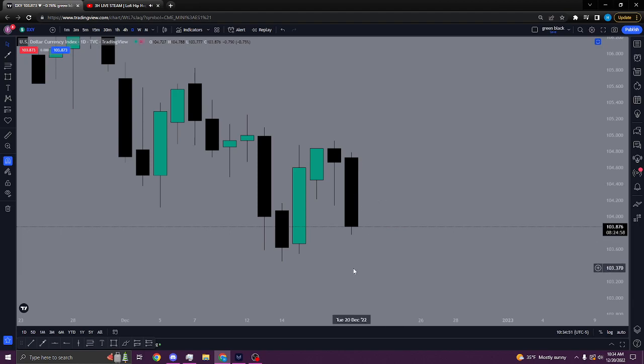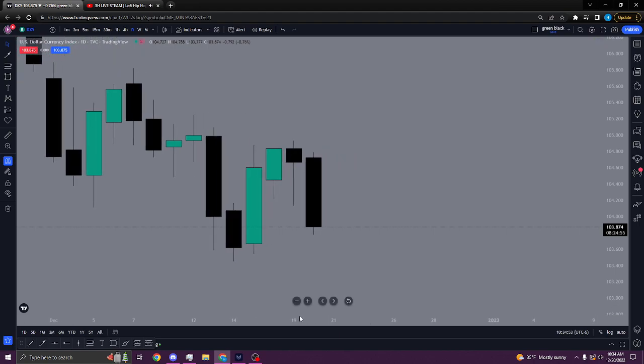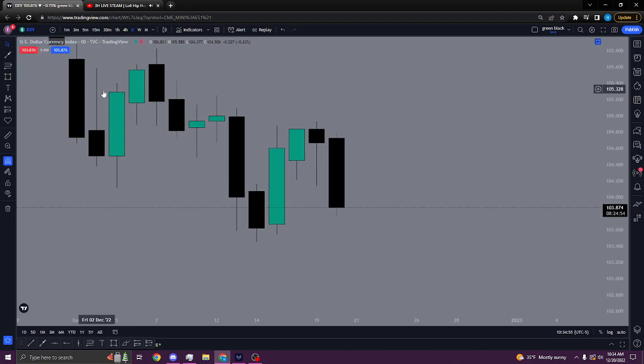So we're gonna start off today with the dollar index, and we're gonna also show how intermarket analysis, using the dollar, can help you with analysis of all the other currencies that you trade.